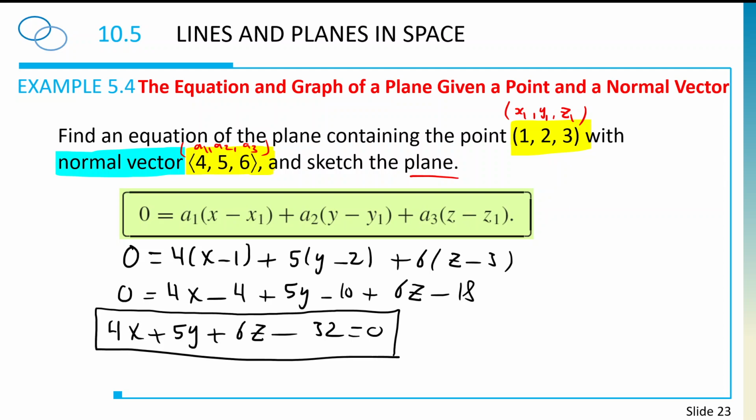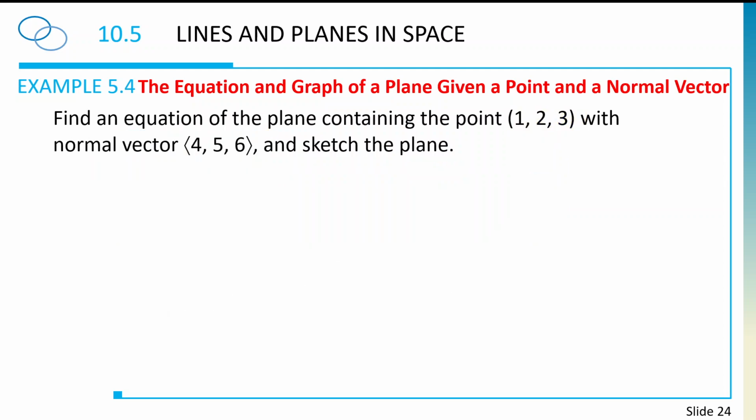Okay, let's see what we have next. We need to sketch the plane for this question. I already have a point and the normal vector. To sketch the plane, it's important to think about this.